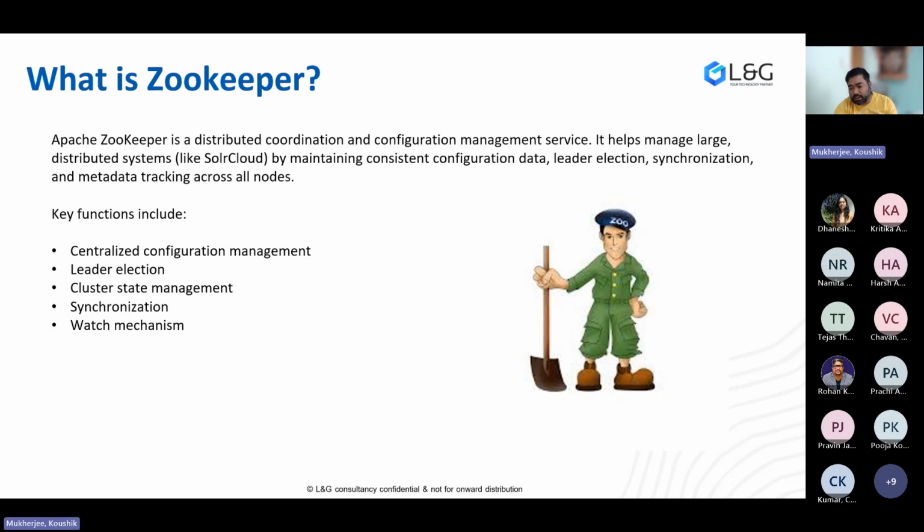The key functions of Zookeeper are, first, central configuration management: it keeps a consistent configuration across all the Solr nodes. Second, leader election: it automatically decides which Solr node will act as the leader for each shard. Next, cluster state management, so it keeps the metadata.